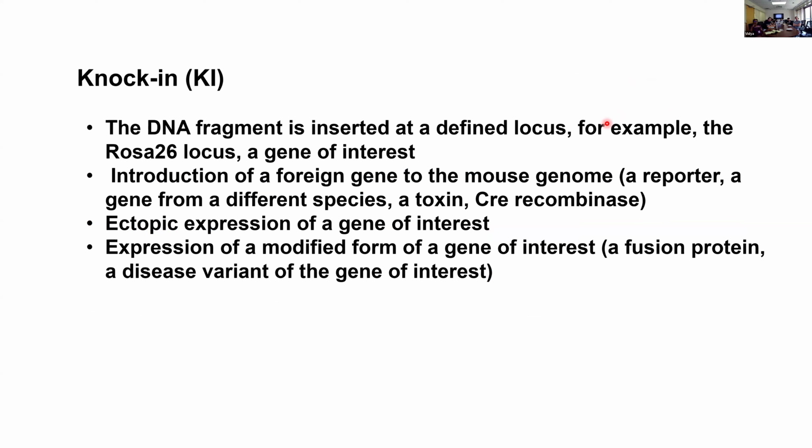In that way, you can drive the gene expression with the endogenous promoter, so you maintain the expression level and also the cell type that expresses it. This is especially useful if you want to express a disease variant of your gene of interest. If you target into your endogenous locus, that's called knock-in, and then that disease allele is driven by the same promoter as the wild type, so that will really mimic what's happening in the patients.